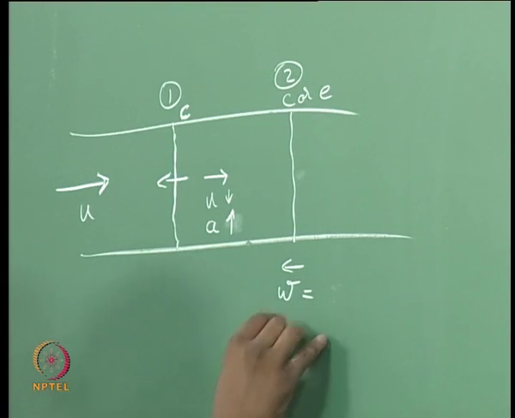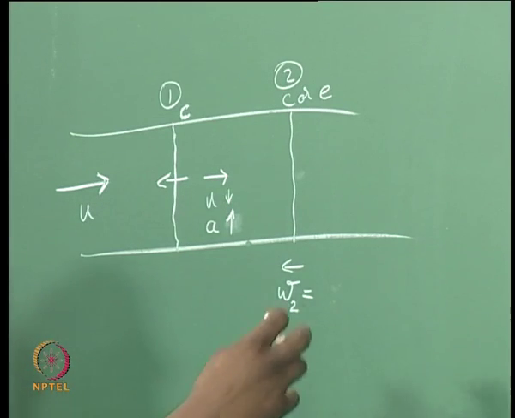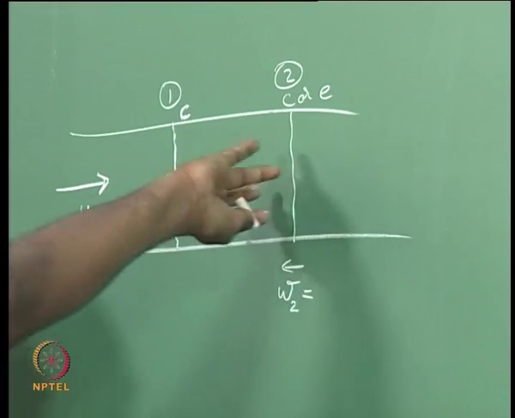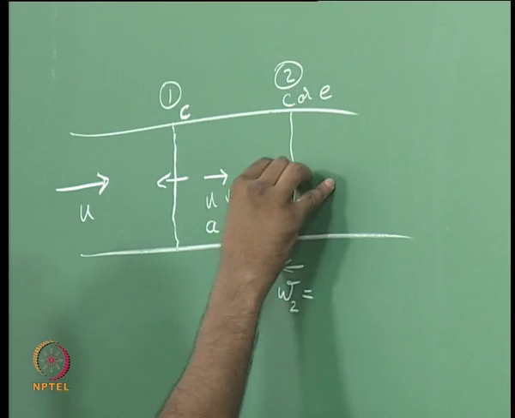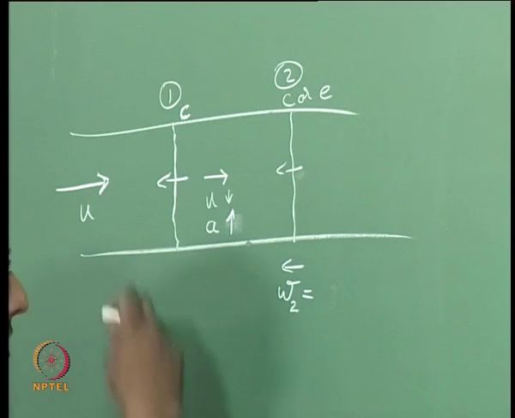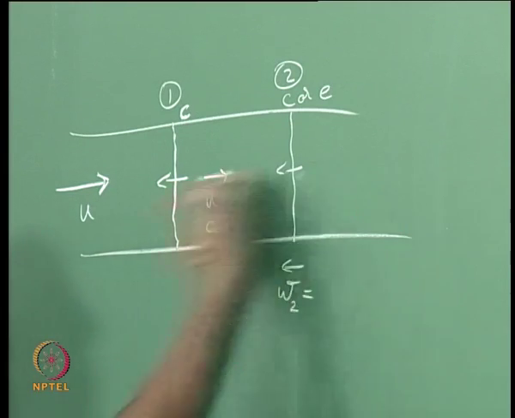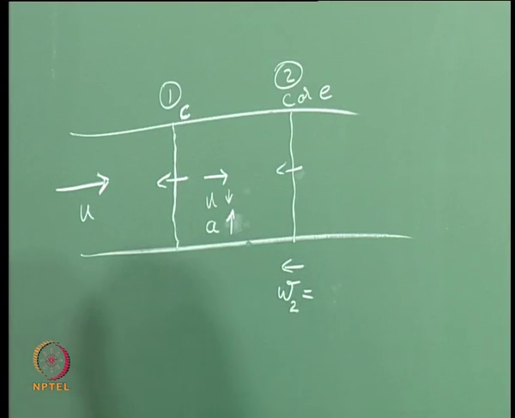W for the second wave, I will put W2, it is going to be equal to this flow velocity, that is like the whole train is moving with this velocity u, and on top of it somebody is running on the train in the other direction with velocity a, because the wave wants to travel upstream. I am picking such a case currently. If that is the case, then it is going to run this way. What will be the final velocity? a minus u.